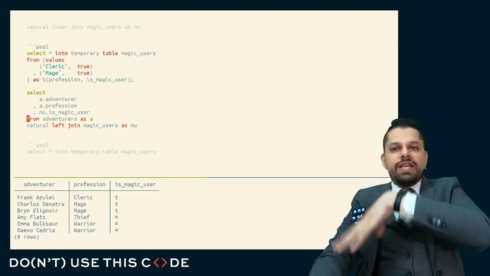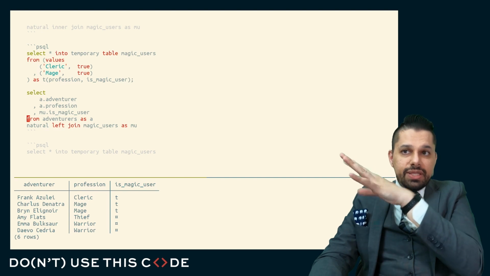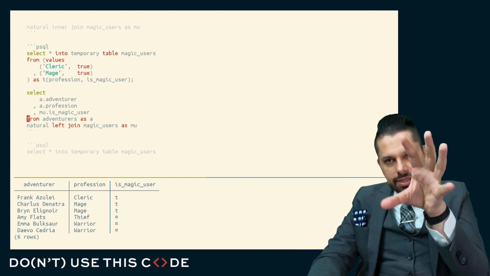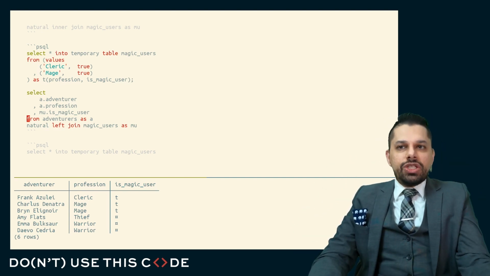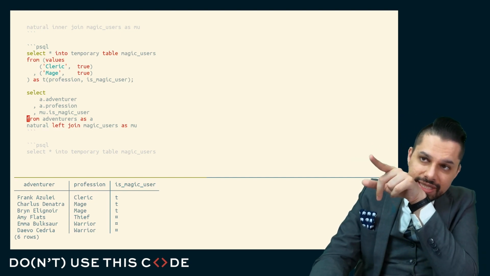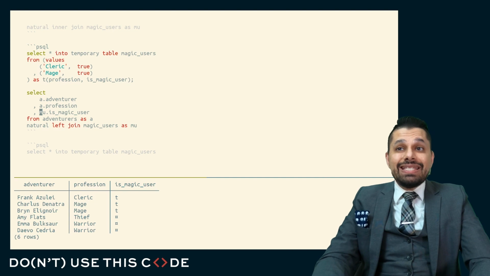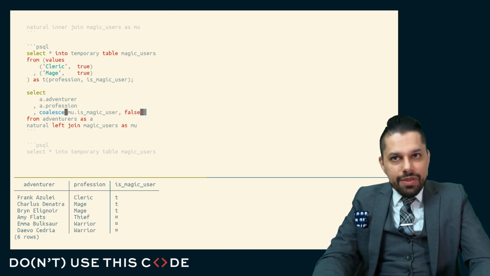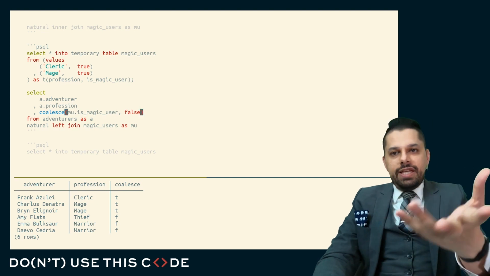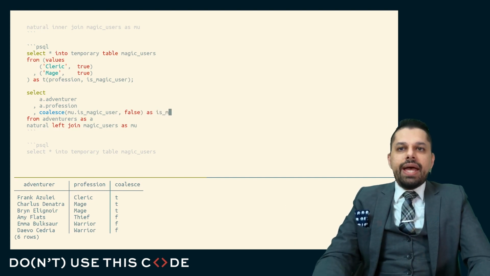The left join says, give me exhaustively whatever's on the left-hand side, all the adventurers, and what you can pick up matching against the right-hand side, magic users. And so you can see I get a bunch of nulls in is magic user for any character class I hadn't seen before. And this is a very good place where I might say, okay, now that I've done that, now coalesce to give me a value that I'll use later, as is magic user.